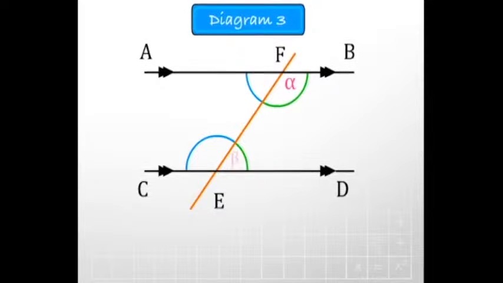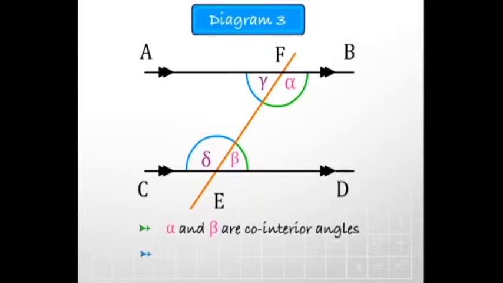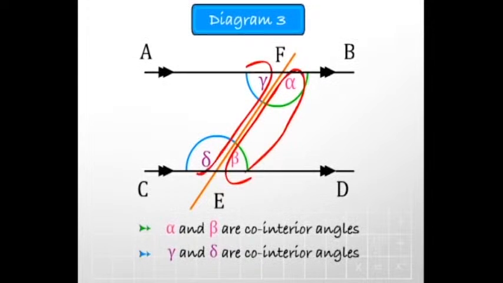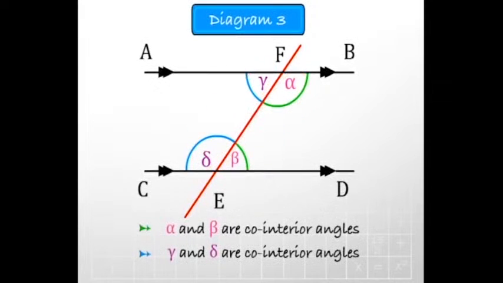If we look at the angles alpha and beta, which are a co-interior angle pair, and the angles gamma and delta, which are another co-interior pair, and we look at these on the same diagram, we can see the two pairs of co-interior angles that are formed when a transversal passes through two parallel lines.